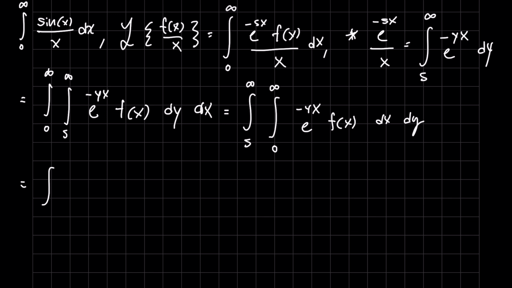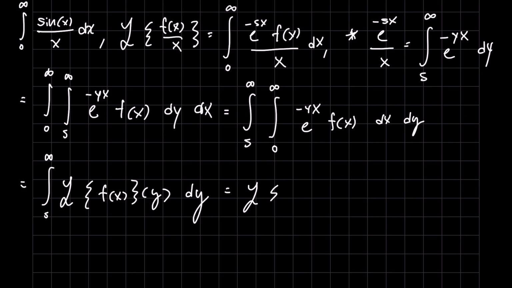But that's just the integral from s to infinity of the Laplace transform of f of x in terms of y, dy. So that's the Laplace transform of f of x over x.